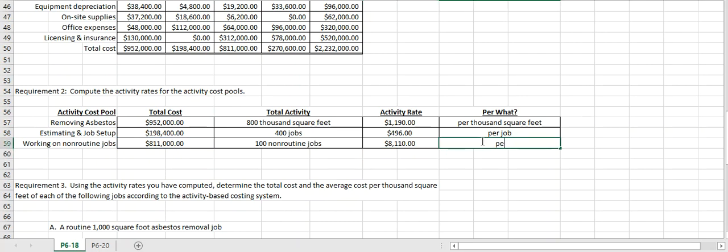The book calls it per product, or you could say per job, but it's more clear to say per non-routine job. Either way, it's one charge of $8,110 for every non-routine job they do. It's not going by square feet or anything like that. They're just doing it by the job. All right, so that's requirement 2.